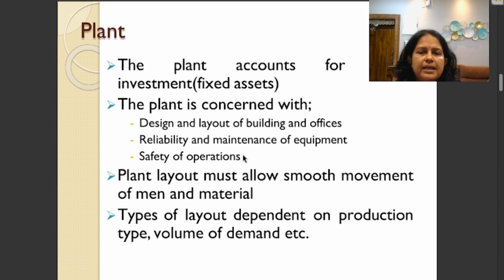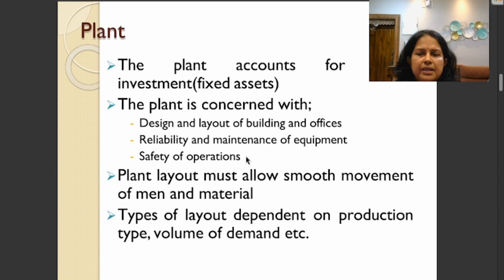The design, layout of the building, offices, the reliability and maintenance of the equipment, safety operations, these all are part of the plant. Plant layout should be done in a proper way for the smooth operations of the man, material and machines.